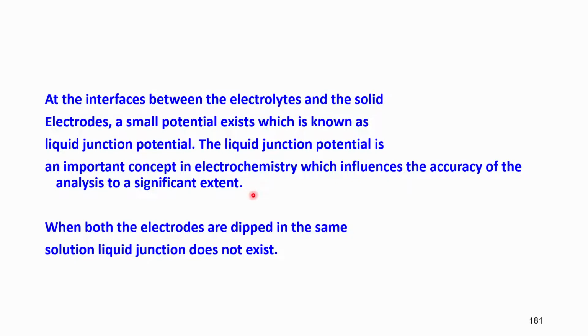We must know about the liquid junction potential if we want to be called electrochemists. When both the electrodes are dipped in the same solution, liquid junction does not exist. This you must understand: if the electrodes are both in the same solution, there is no liquid junction.